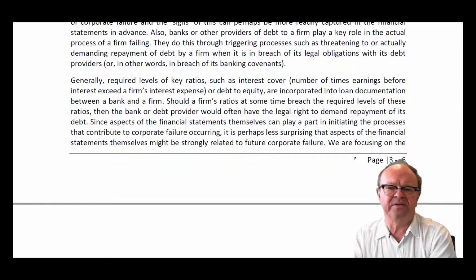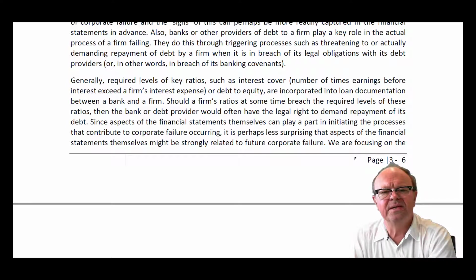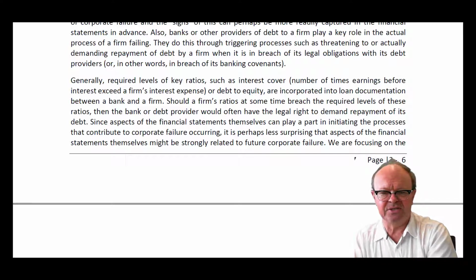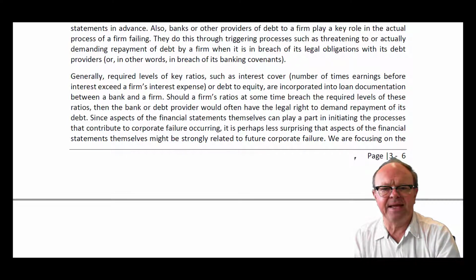Also, banks or other providers of debt to a firm play a key role in the actual process of a firm failing. They do this through triggering processes such as threatening to or actually demanding repayment of debt by a firm when it is in breach of its legal obligations with its debt providers, or in other words, in breach of its banking covenants.